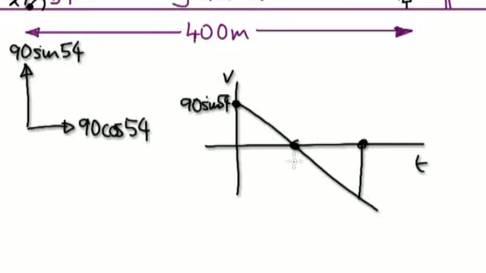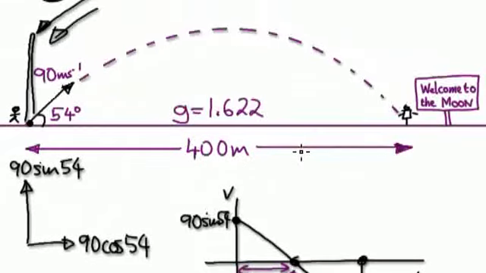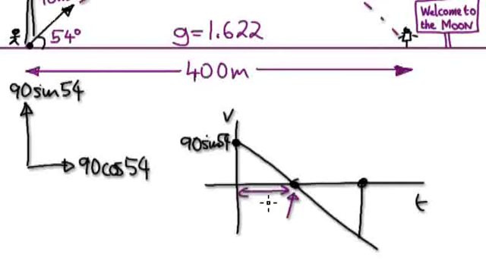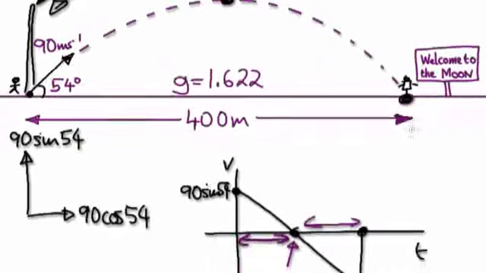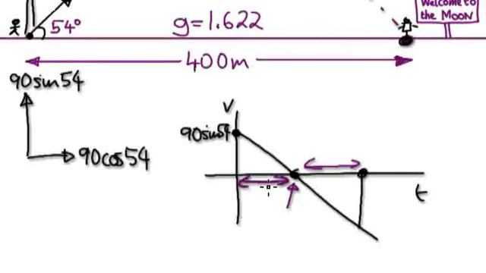But in order to find that, we need to work out T max, the point at which the velocity of the cannonball will be 0. Once you've got this length here, you can just times it by 2, and that will give you the total flight time, which is when the cannonball will get to this point here, assuming we're going to hit it. So work out T max here.